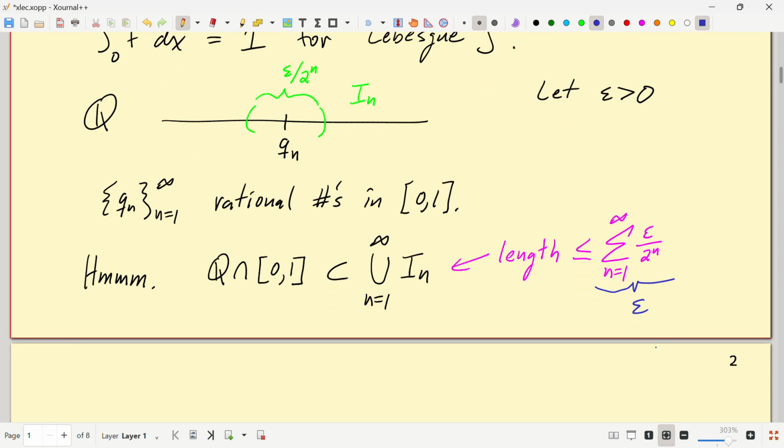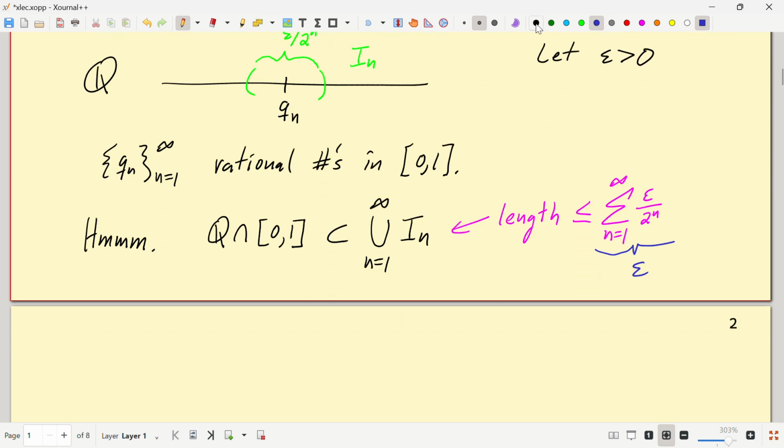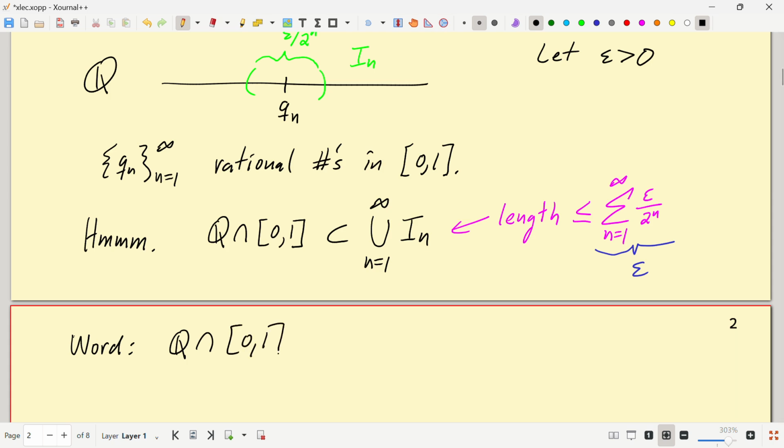So Q intersect [0, 1] is a set of measure 0 in the sense of Lebesgue, because I can make that epsilon as small as I want.